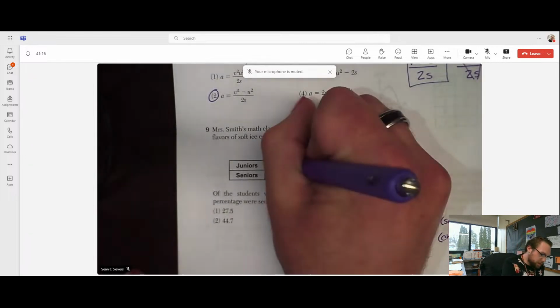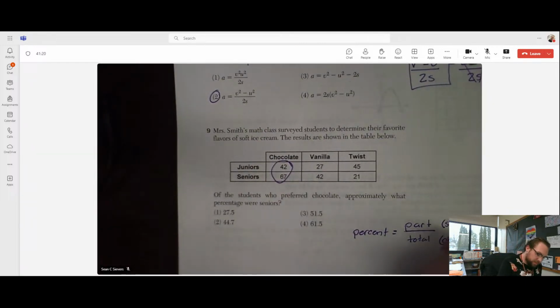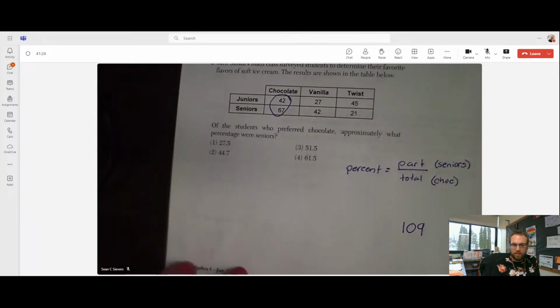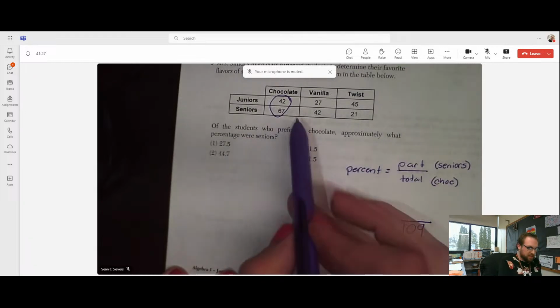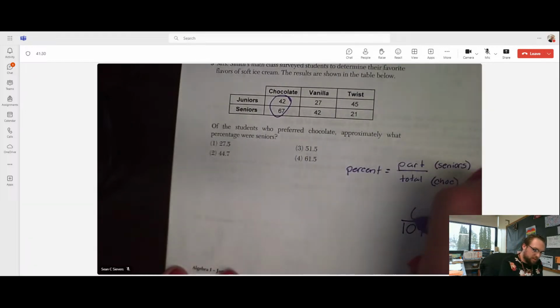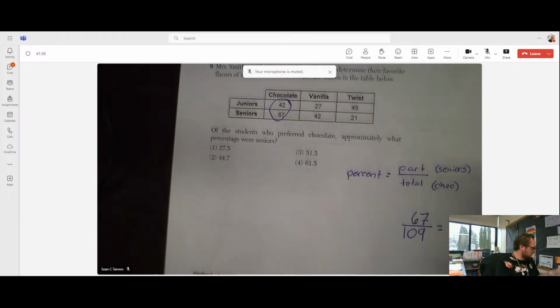Okay. So 42 plus 67 is 109. So that's going to be my total, and the part is 67 for the number of seniors that we have. So we have 67 divided by 109.